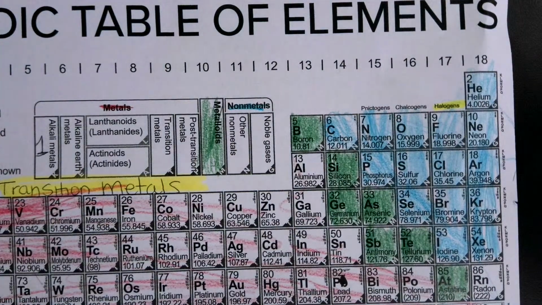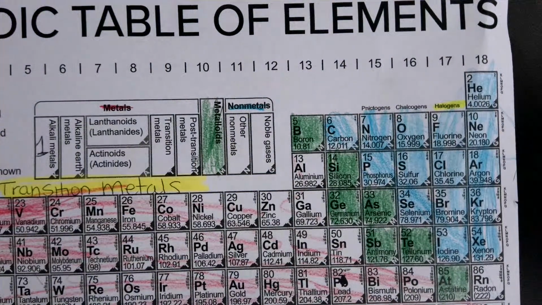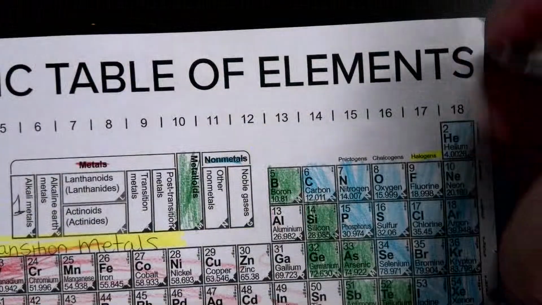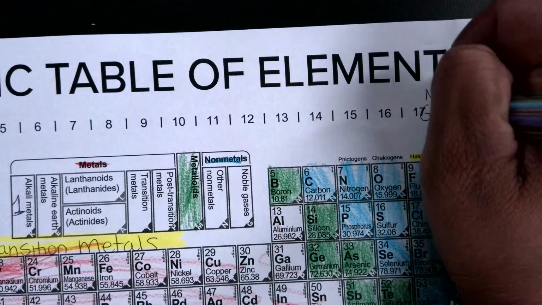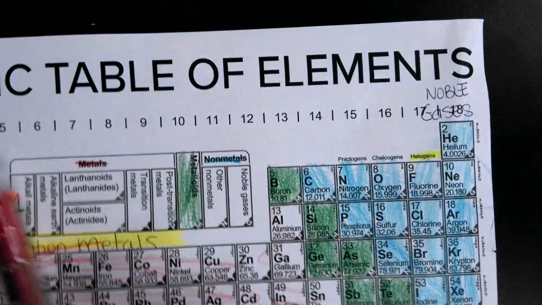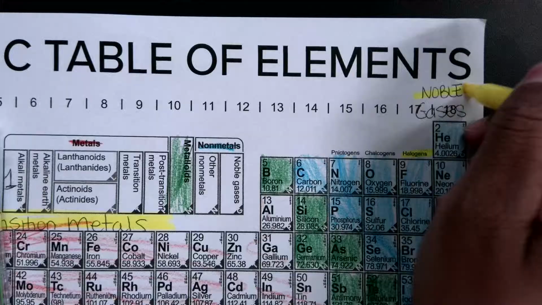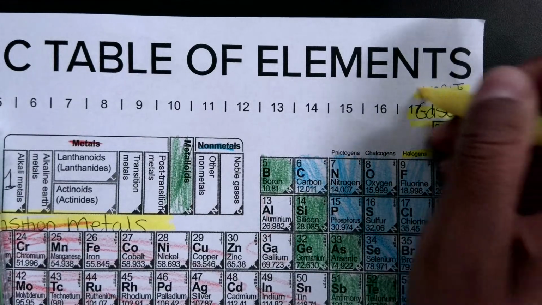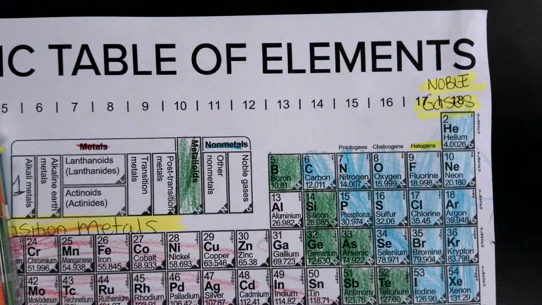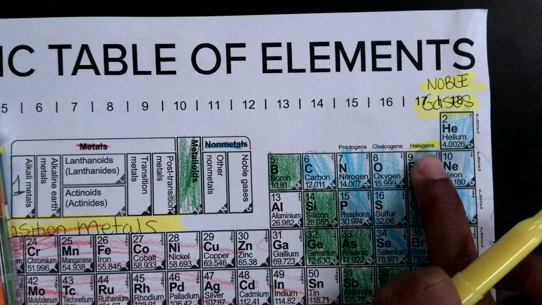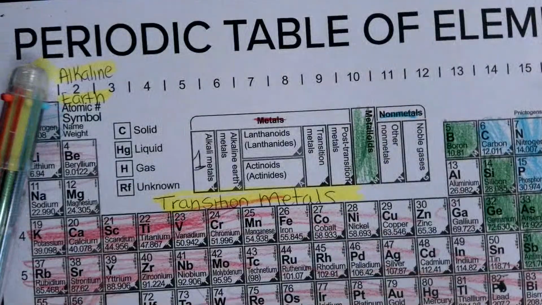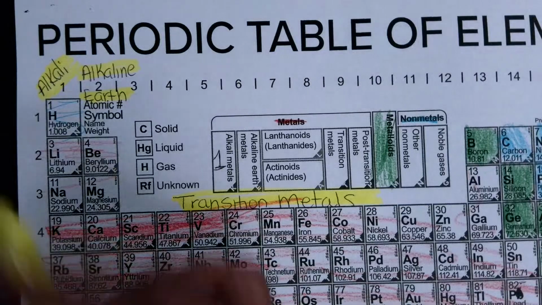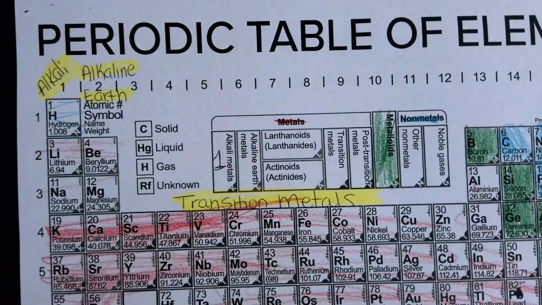And everyone should already have the noble gases labeled, but I'm going to write it down here. Noble gases. If you already know it, then it's fine. But make sure the halogens is already written there. We got the transition metals, the alkali and the alkaline earth.